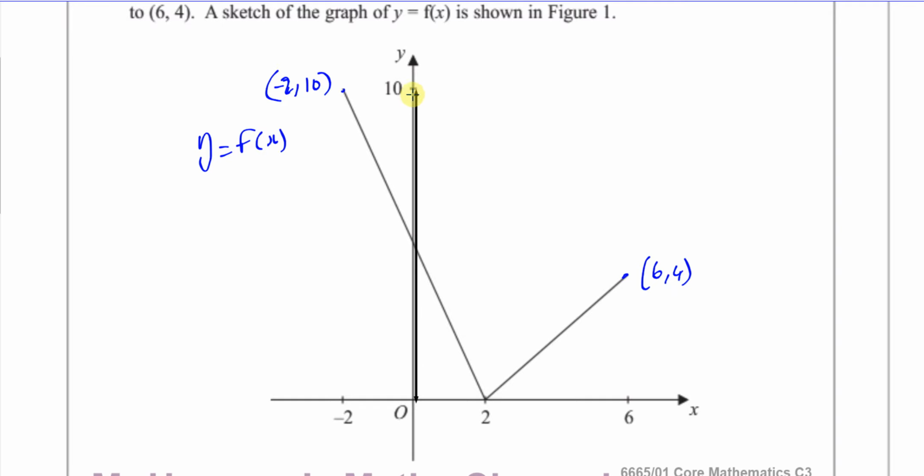That's where it stops. So that's the range of this function. That's the lowest it goes, and that's the highest it goes. So the lowest it ever goes is 0 on the y-axis, and the highest it ever goes is 10.